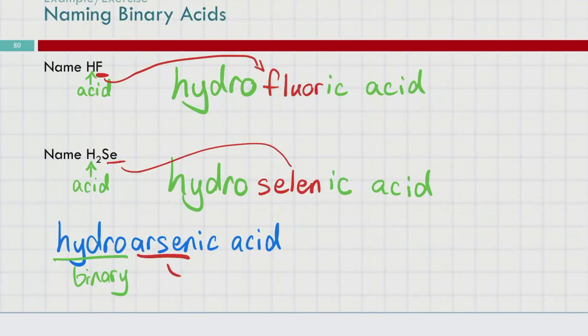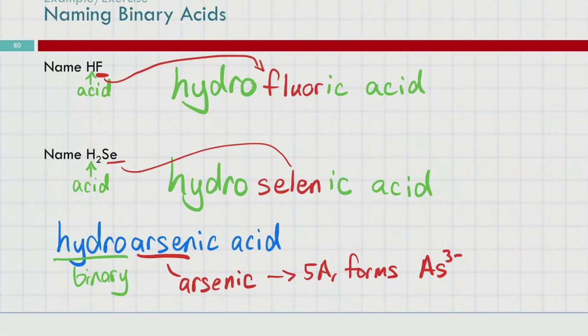So arsen, meaning that we would have arsenic as our element. We would find arsenic, As, on our periodic table. It's in group 15 or 5A. That would form a 3- charge, or we would expect it to be As3-. Hydrogen is in our group 1.